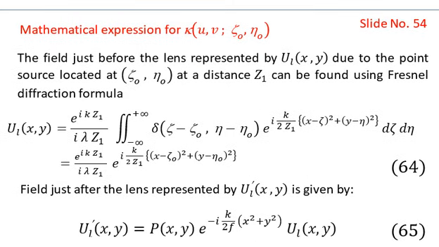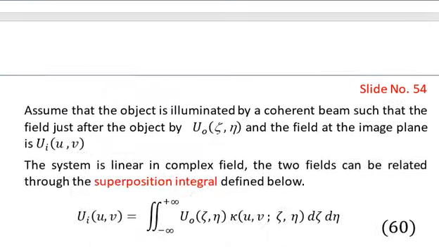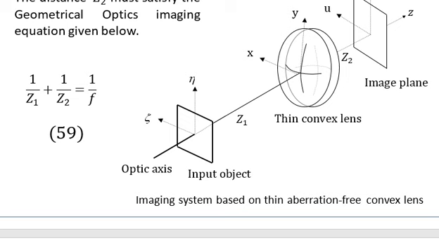The field just before the lens, represented by ul of x comma y, due to the point source located at zeta naught and eta naught at a distance z1, can be found using the Fresnel diffraction formula. So you see that we are going to apply the Fresnel diffraction formula because we are assuming that the field just after the object is known, which was regarded as ul of zeta and eta, and we want to make this field travel a distance z1 to reach the xy plane.